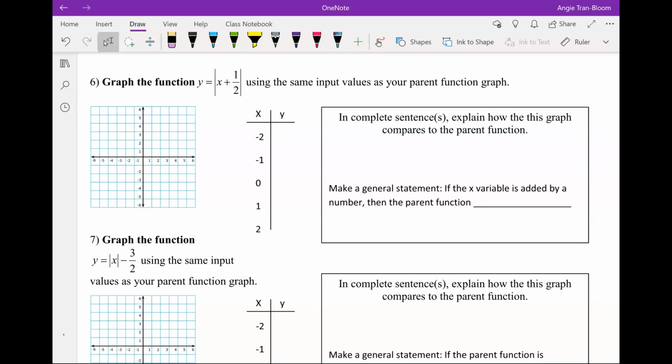So find the outputs, all of them, and I want you to compare with your team. Before you plot it, compare all of your outputs to your team, please. Guys, do not plot your dots unless you have talked to your team about your answers.